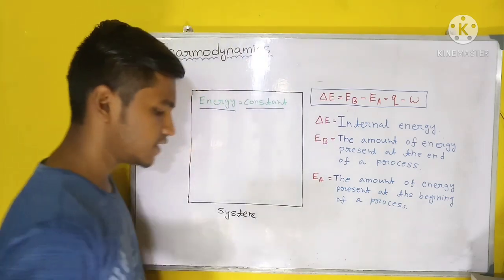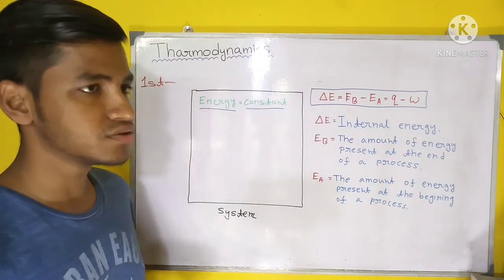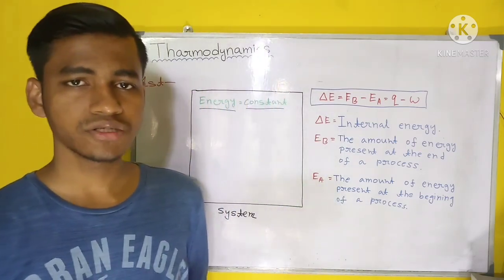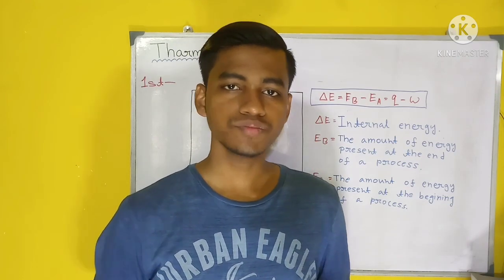So EA is actually the opposite of EB. That means the energy which is present at the start of this process, and EB actually stands for the amount of energy which is present at the end of a process.